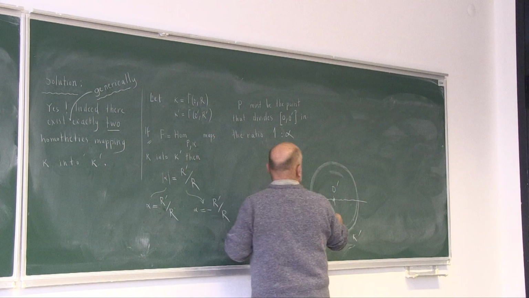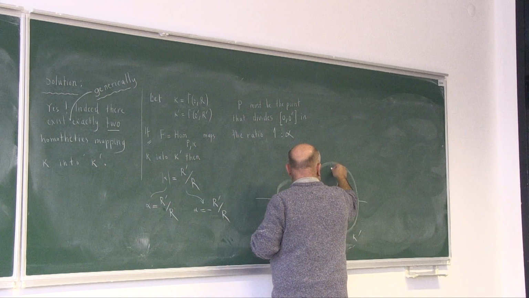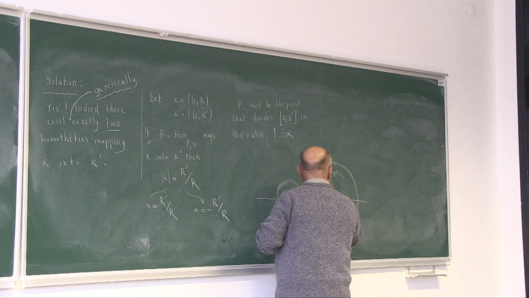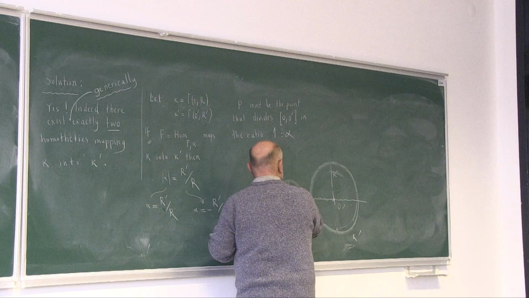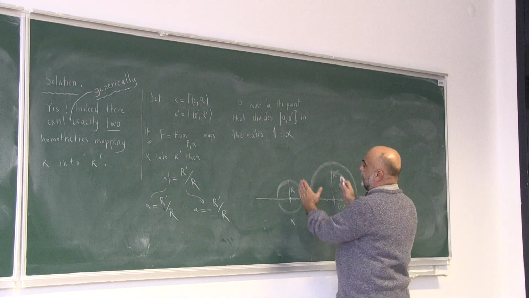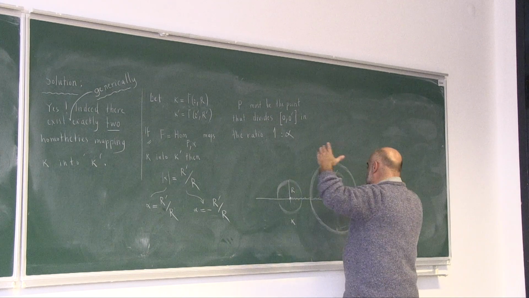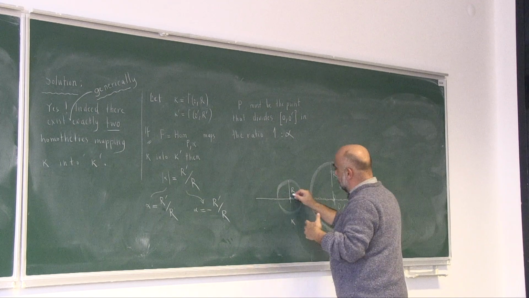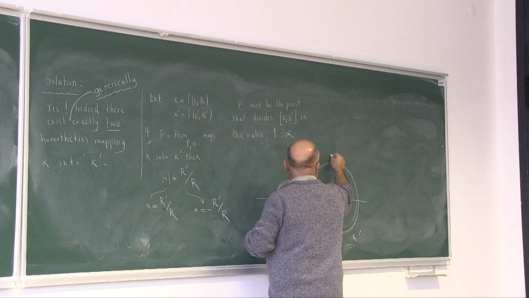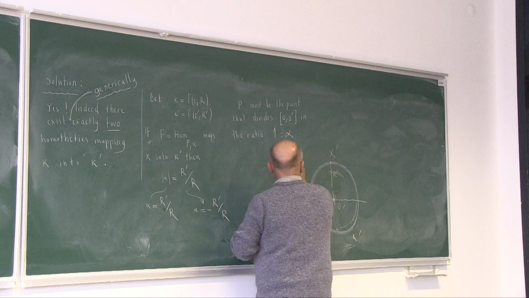So how do you construct it? Well, all you have to do is to take two parallel radii, but to make it sure, let's erect perpendiculars like this, and we have got the points, let's say x prime and x.